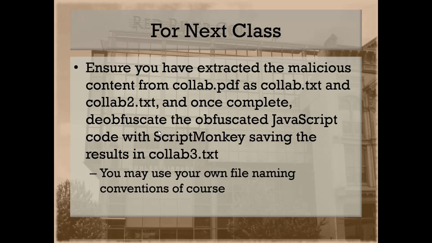Once you've done that, deobfuscate it with SpiderMonkey so that you have a collab3.txt. Now, I don't care what you call the files, just make sure that you have those in place for the next class. Okay? Any questions?